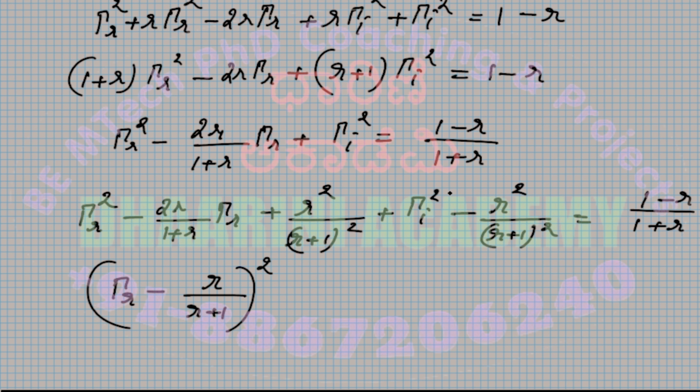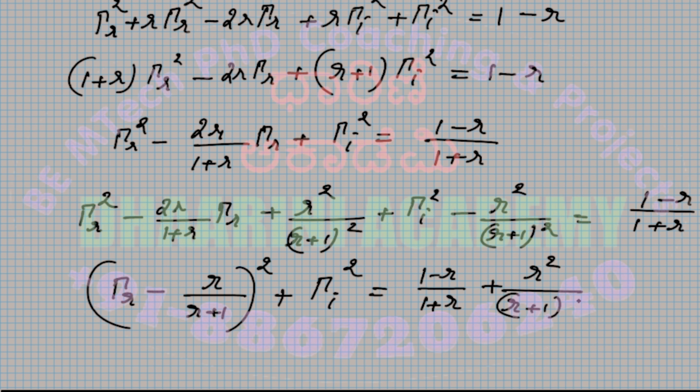Then I keep this term as it is, so plus gamma I square. Everything else I'll move to the other side. So on the other side, I have 1 minus r by 1 plus r, first term. Then the minus of r square goes to the other side as plus r square divided by (r plus 1) the whole square. Those are the terms which I move to the other side.